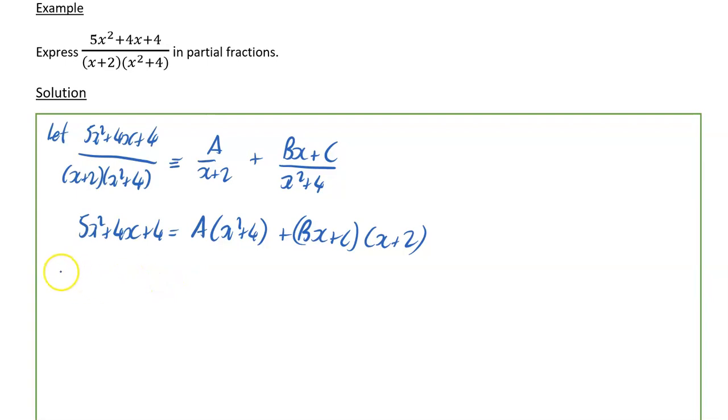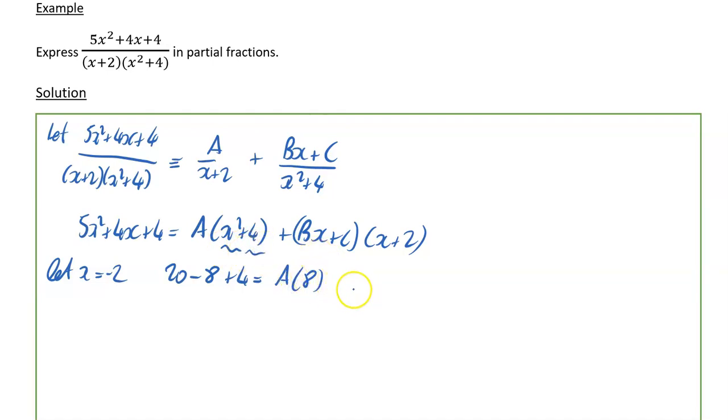So I'm going to first of all let x equal minus 2. If I let x equal minus 2, my left hand side becomes 20 minus 8 plus 4. My right hand side is going to be A times, put minus 2 into this, minus 2 squared is 4, plus another 4, which is A times 8.